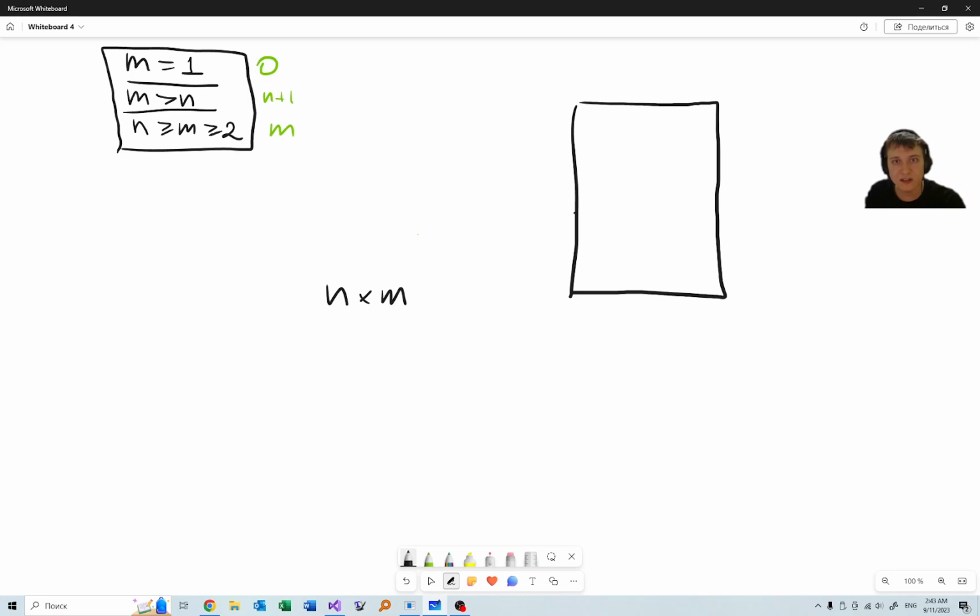First of all, let's cut off several rows in such a way that this is m and this is m minus 1. Okay? After we get this, we have n prime equals m minus 1. So n prime times m, let me rewrite it like this.